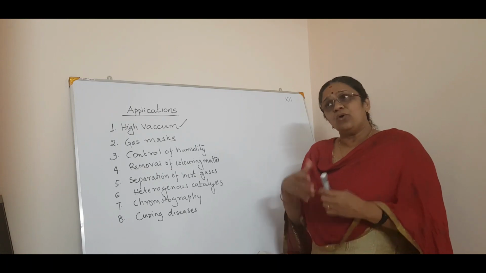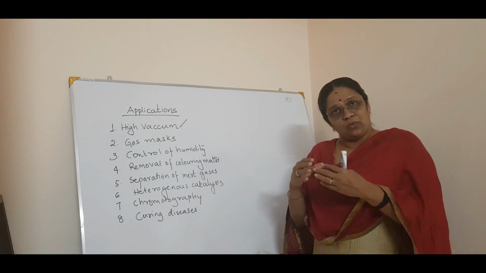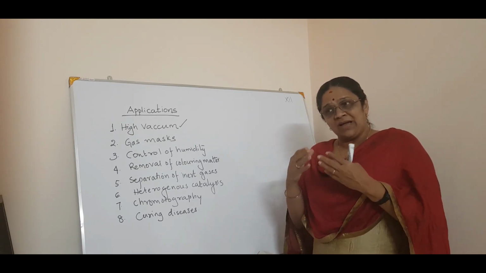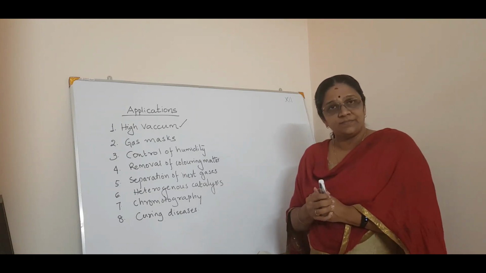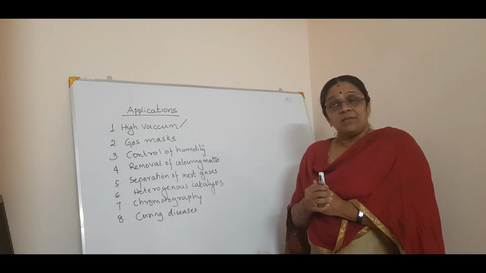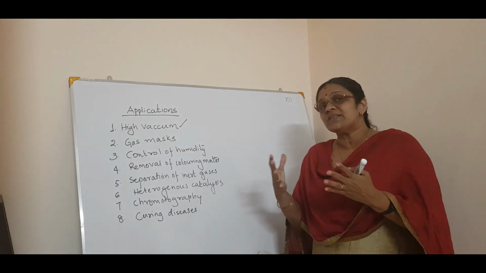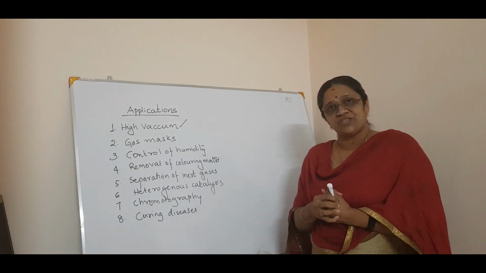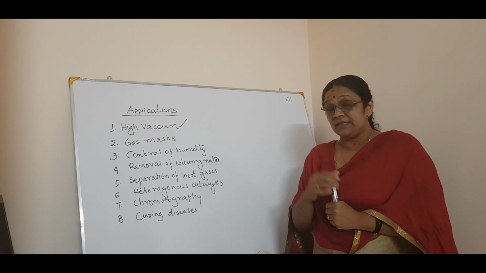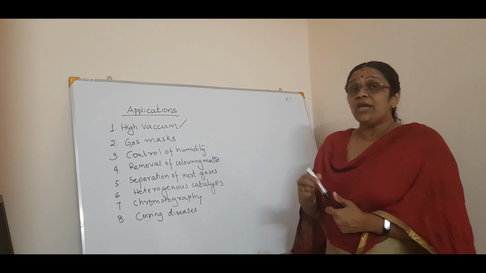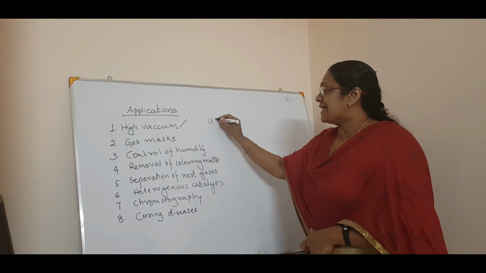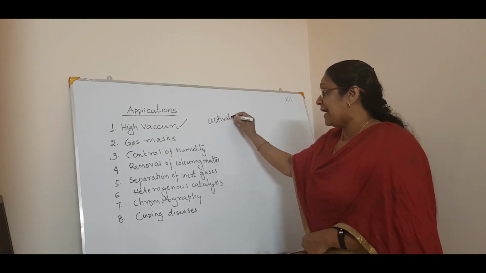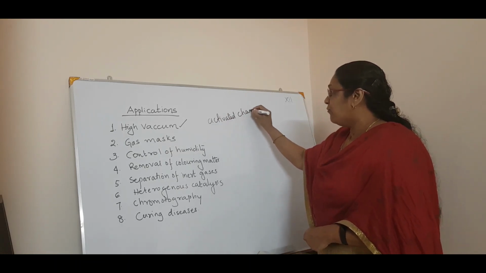That means, if you make a vacuum through a vacuum pump, for example, it is still not a 100% vacuum. It may contain traces of moisture. So in that case, what you will do is put animal charcoal, or better, activated charcoal, into it. What will happen?